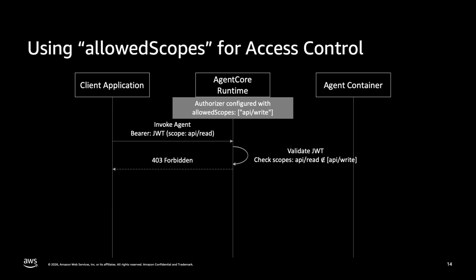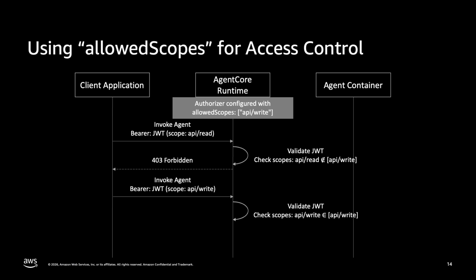Now the client corrects itself and uses a token with API write scope. Same validation process, but this time the scope matches. AgentCore forwards the request to the agent container. The agent processes it and the client gets a 200 OK. Same identity provider, same validation flow, but different result based on what permissions the token carries.